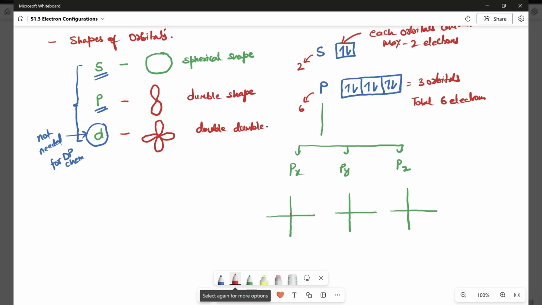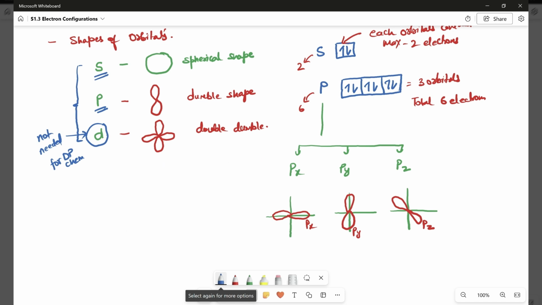This is the p orbital px, this is py, and the pz is exactly at this location, right? So this is how the orbitals are arranged.